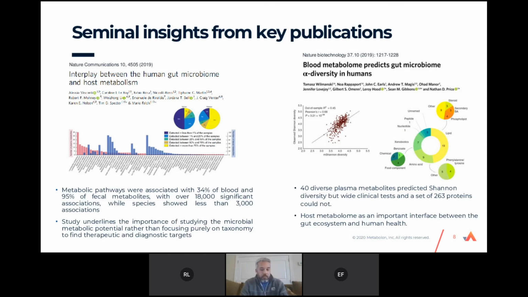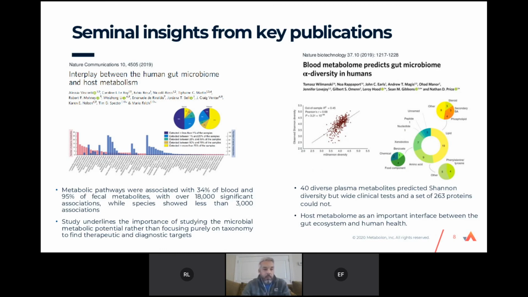So before I get into some specific case studies on data, I wanted to share a couple of real seminal papers, some key publications that show the power of metabolomics in furthering microbiome research. This first one is looking at the interplay between the human gut microbiome and host metabolism. This was published in Nature Communications in 2019.